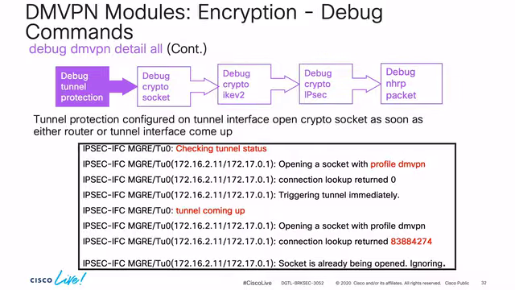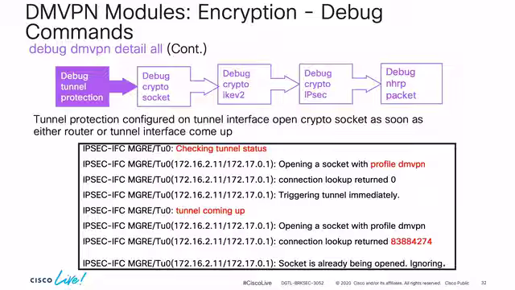As soon as you configure tunnel protection on a tunnel interface, the crypto socket is automatically set to open once the tunnel interface comes up. And that is what we see in this particular debug.